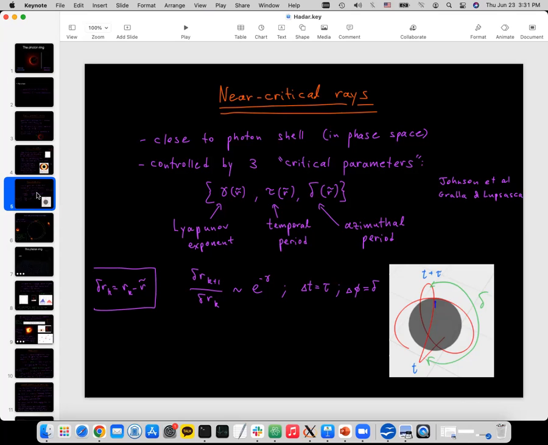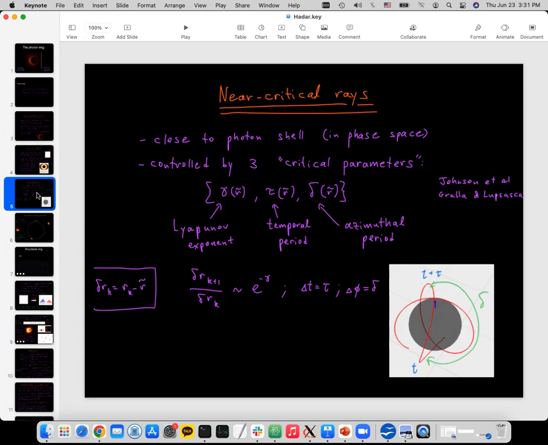They're controlled by three critical parameters. The lensing properties of the Kerr black hole for these near critical geodesics are pretty simple. They're controlled by three parameters: gamma, delta, and tau. It's actually three functions because they're functions of R tilde, the critical radius. They will be different for different orbital radii. Gamma is called the Lyapunov exponent, and it controls the demagnification of the subrings.